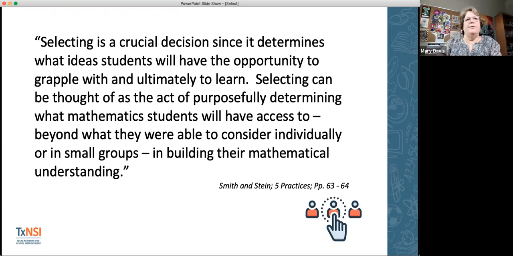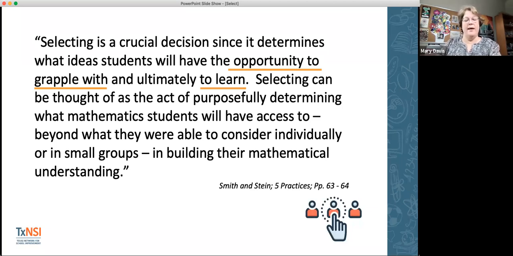But as I read through that, there were a couple of statements that really zinged me. And that was the idea that students are going to have an opportunity to grapple with and ultimately learn. So if I always pick the student that knows absolutely everything about everything, is that giving that person an opportunity to grapple with a new approach?